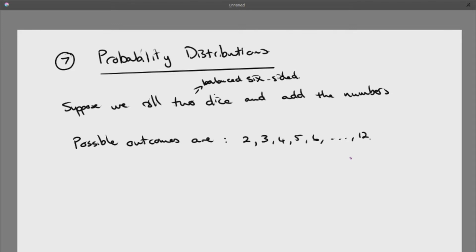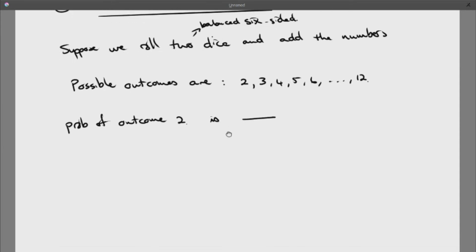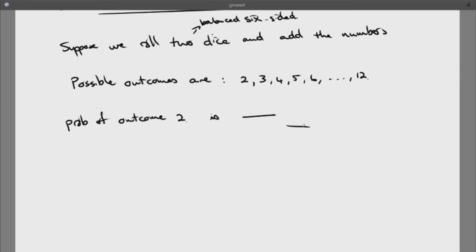Then we can say the probability of outcome 2 is, well, it's a fraction. But when I count the fraction, I need to look at the pairs of numbers I can get.